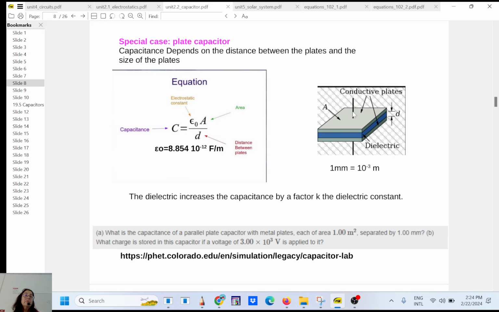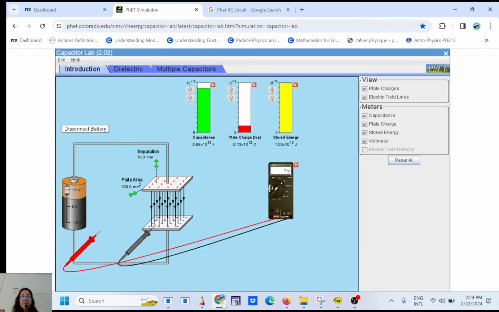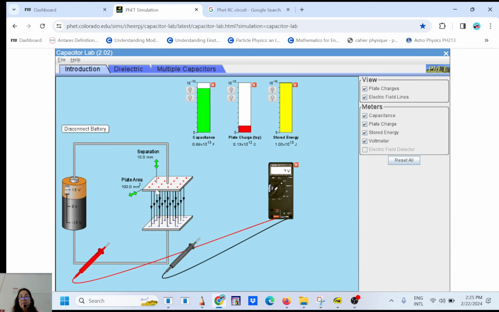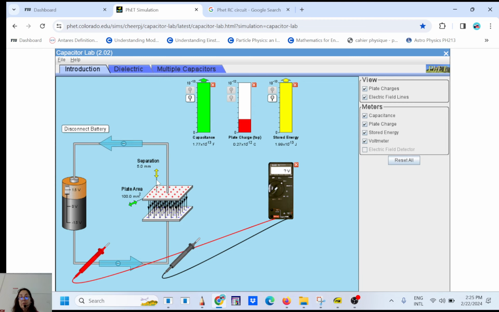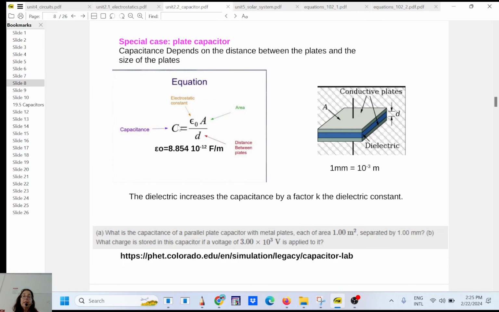So a parallel plate capacitor, that will be a parallel plate capacitor. You have an electric field between the plates. How do you write a capacitance? It depends on what?